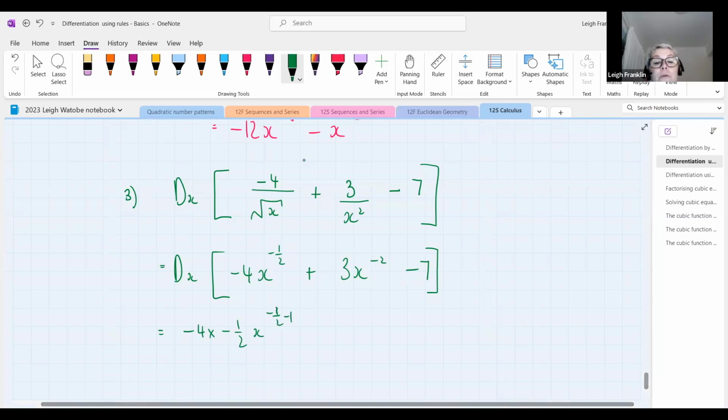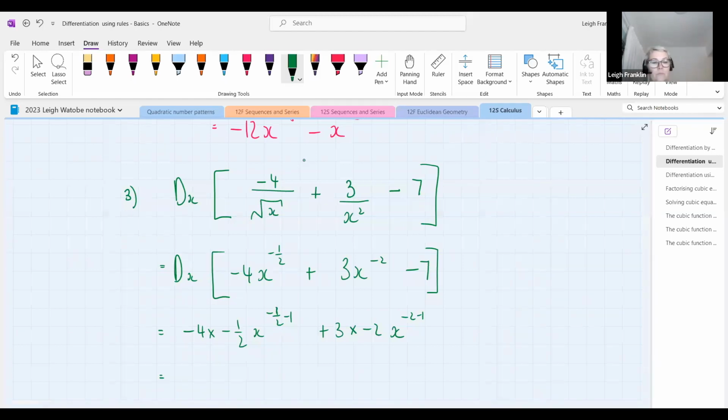And then plus 3 times negative 2 x to the exponent negative 2 minus 1. And negative 7 is a constant, so it's 0. Beautiful. Now just tidy all of this up.